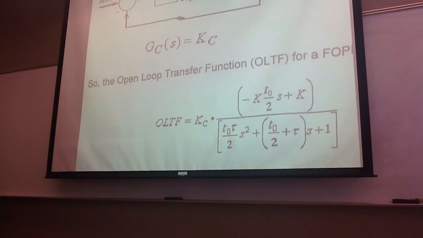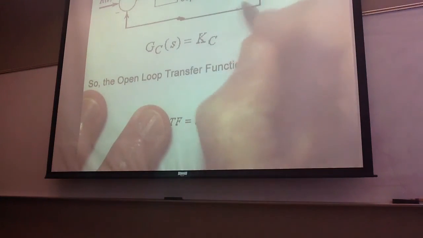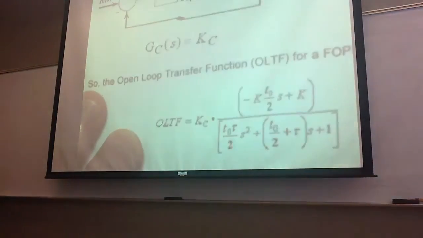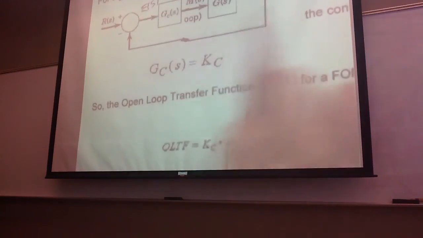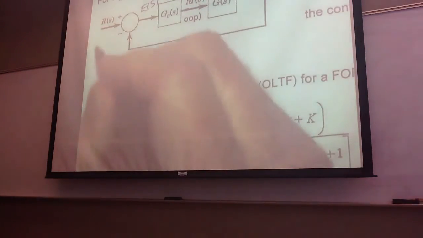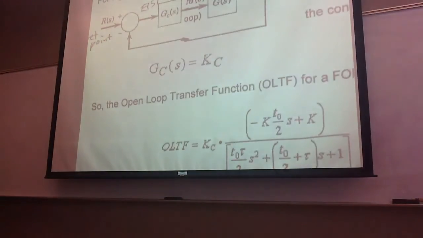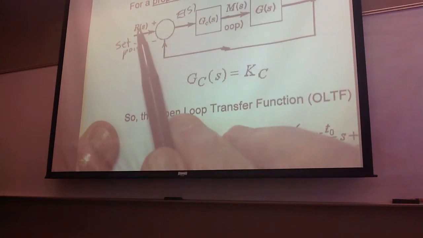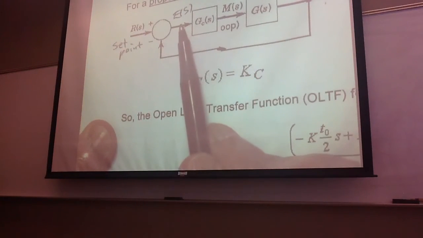This is C of S, this is E of S. I should have put E of S in there. That's the error, the difference between the reference point, or set point, and the output. So in the Laplace domain, you take R, subtract C from it, and that's the error.